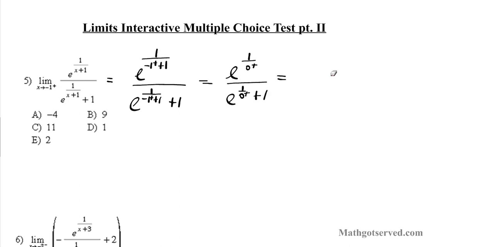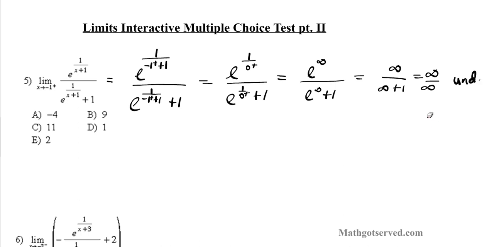If you simplify this further, you have e to the infinity divided by e to the infinity plus 1. So we have infinity over infinity plus 1, which is infinity over infinity. This is an indeterminate form, okay? So direct substitution doesn't work.